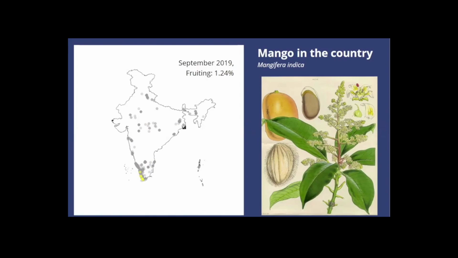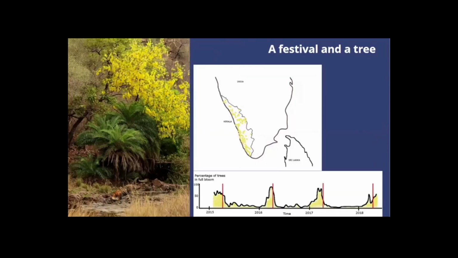Now, what is of interest is whether we can start detecting changes in these patterns. So that brings us to this last example, which is of Indian laburnum, known as Kanikona in Kerala.